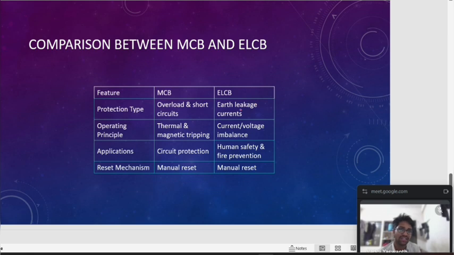And ELCB is earth leakage circuit breaker. The operating principle is thermal and magnetic tripping for MCB, and current and voltage imbalance for ELCB. The applications are circuit protection, human safety and fire prevention. Both reset operations are manual. We have to go and lift the switch.